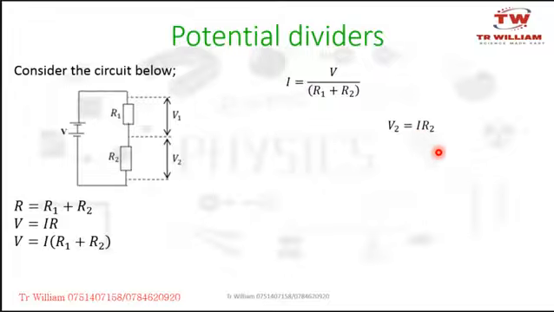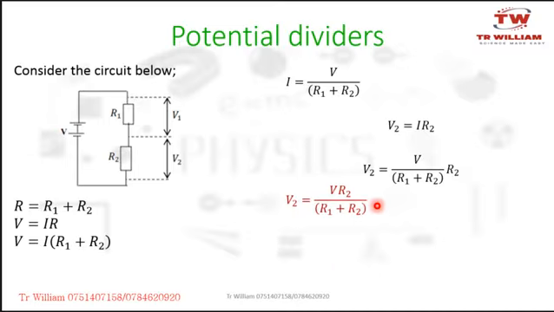If we substitute for the current, which we already know its expression, and rearrange it, to get voltage V2 I just need the resistance of that resistor divided by the total resistance in the circuit times the input voltage. That is how. Now this is what we call the potential division.